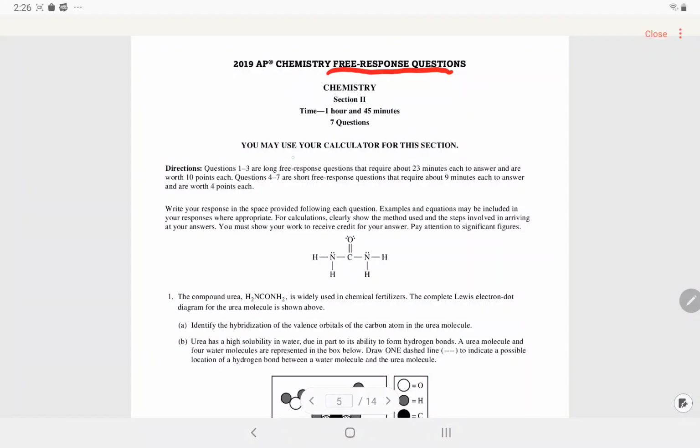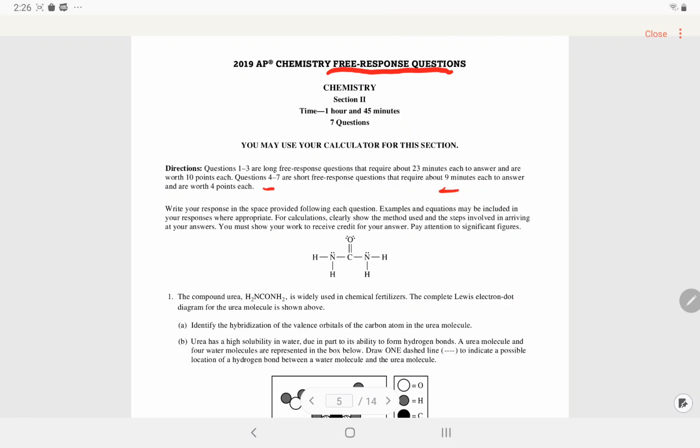Questions 1 through 3 are long free response questions that require about 23 minutes each to answer. All right. And so if you do the math there, all 3 questions would be well over the 45 minutes that are going to be allocated for you. Then they go on to say questions 4 through 7 are short free response questions that require about 9 minutes each to answer.